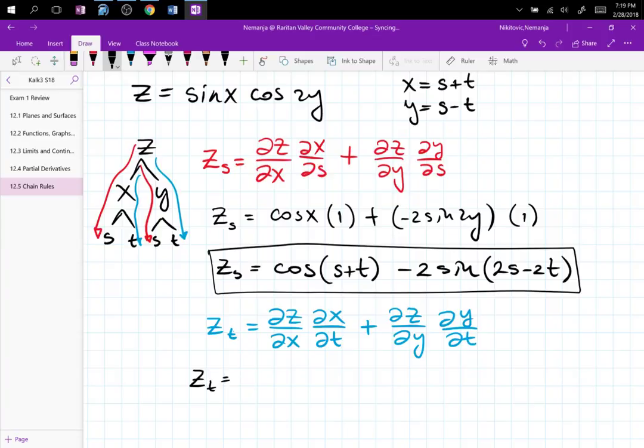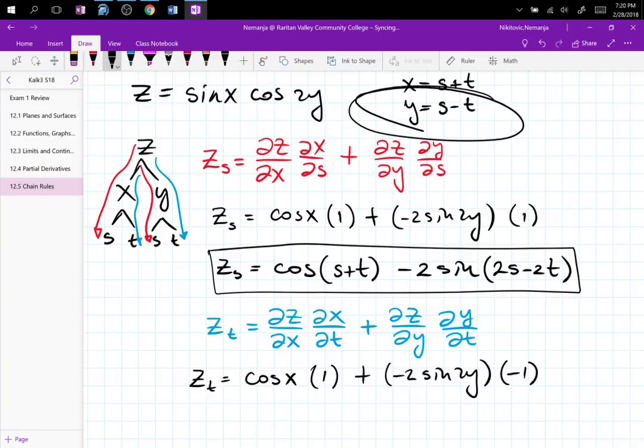Zt is, guys, partial z, partial x you already have. It's just cosine x. And that has to be followed by partial x, partial t, which is also 1. Plus, we have partial z, partial y. That's this negative 2 sine 2y. And now it's times negative 1, because partial y, partial t is this formula here.